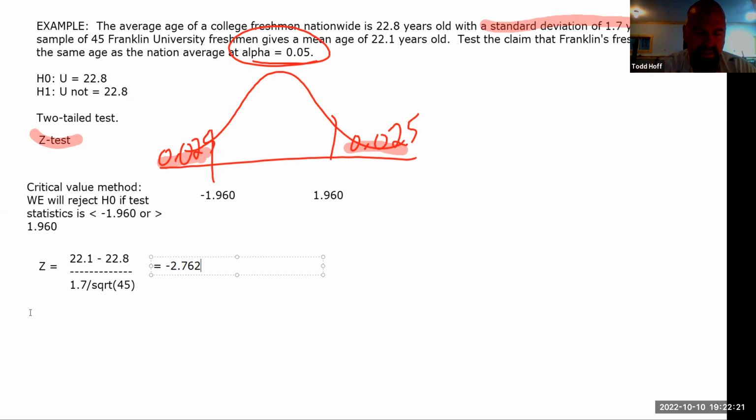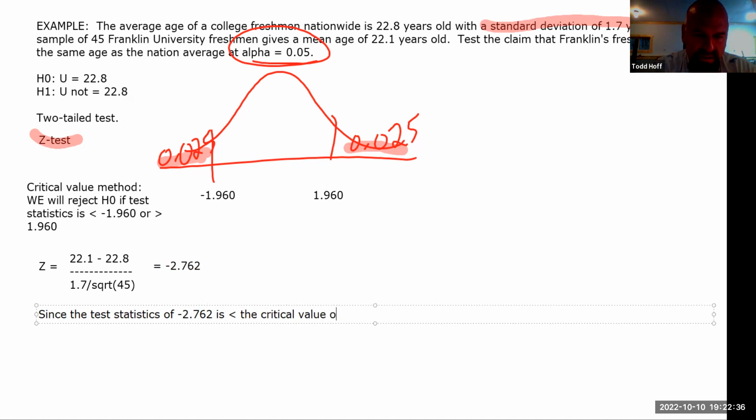Since the test statistic of negative 2.762 is less than the critical value of negative 1.960, we will reject the null hypothesis.